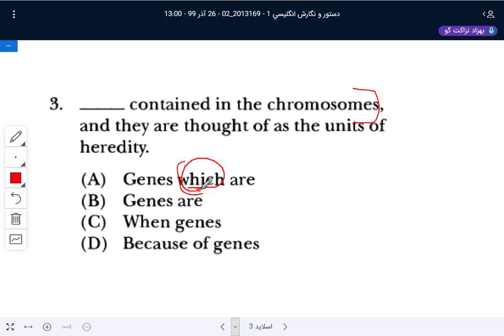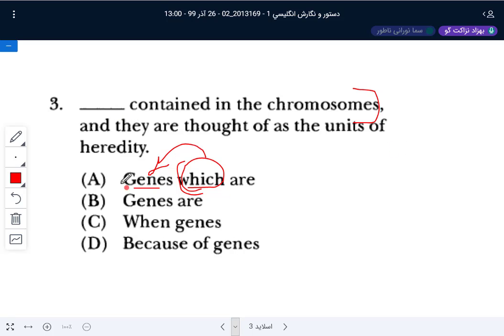You remember last session we talked about the relative pronouns. This is a relative pronoun which refers to this noun, and this noun is a subject. So this subject requires a verb, and I don't see any verb here. So there is a subject and a verb is missing.